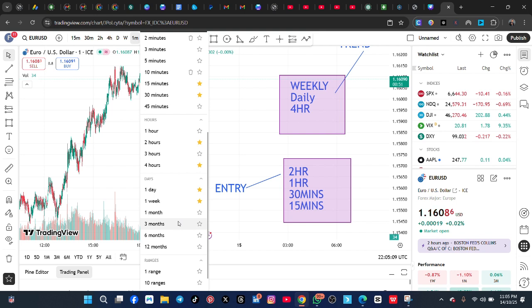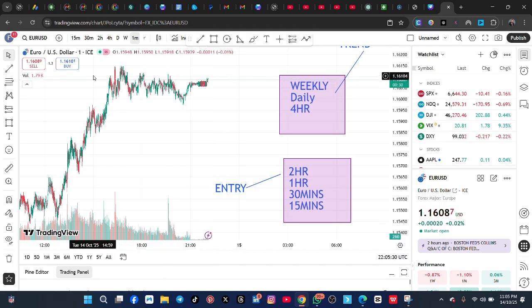The most important ones for me in particular are the weekly time frame, then the daily time frame, and most importantly the 4 hour time frame, and then again the 30 minutes time frame, and then the 15 minutes time frame. Because I starred them as my favorite, that's why you can see them appear here. Any one you star appears here.